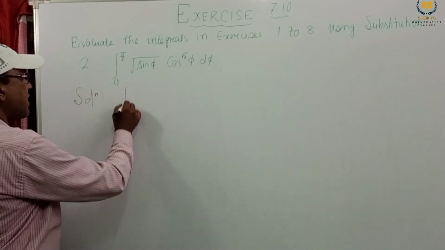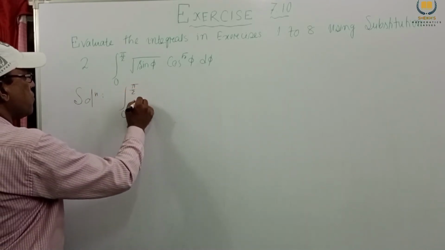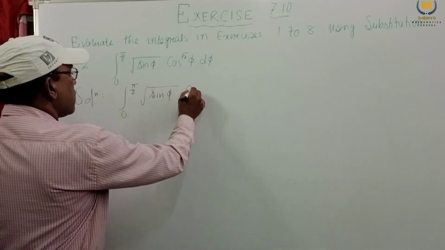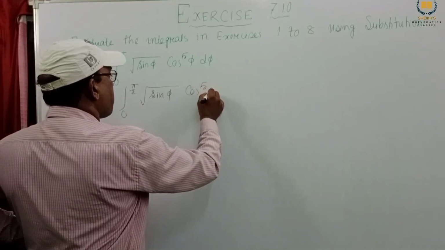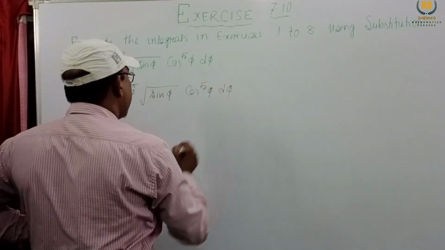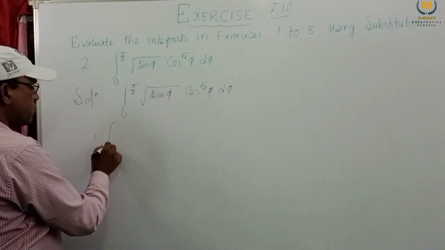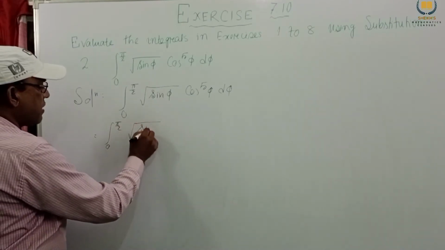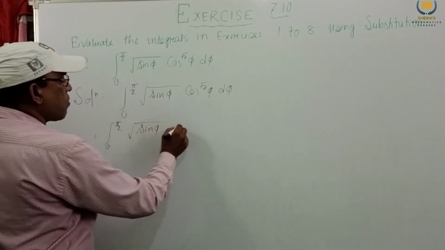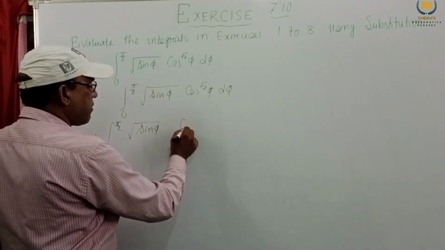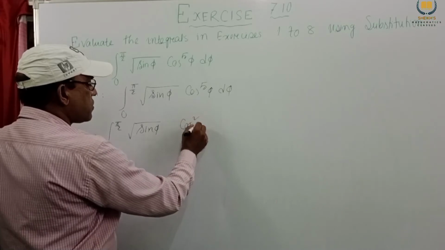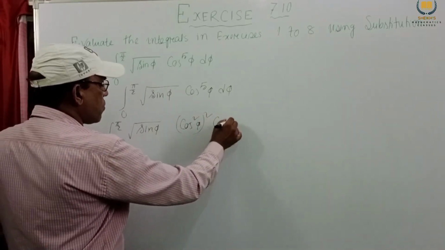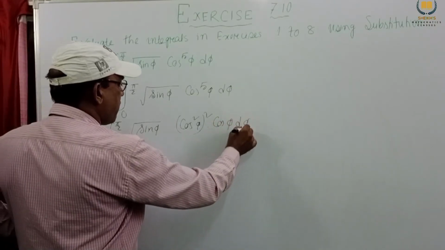I am rewriting this line: integral from 0 to pi by 2 of root over sin phi cos to the power 5 phi d phi. Cos to the power 5 phi we can write as cos square phi whole square into cos phi d phi.